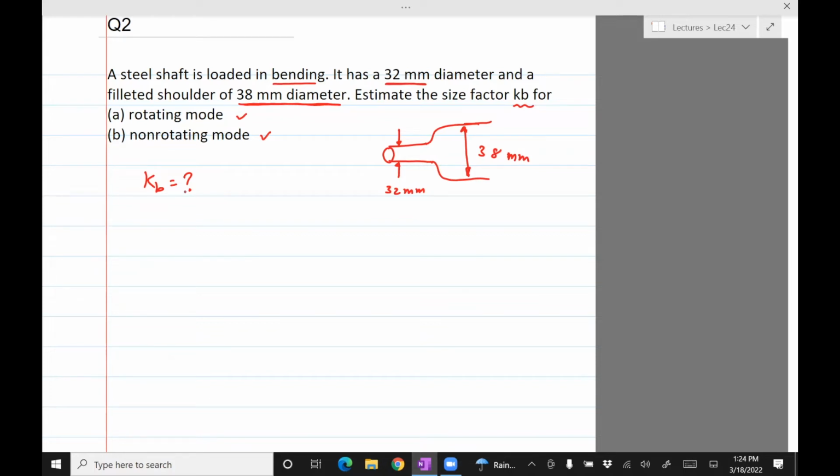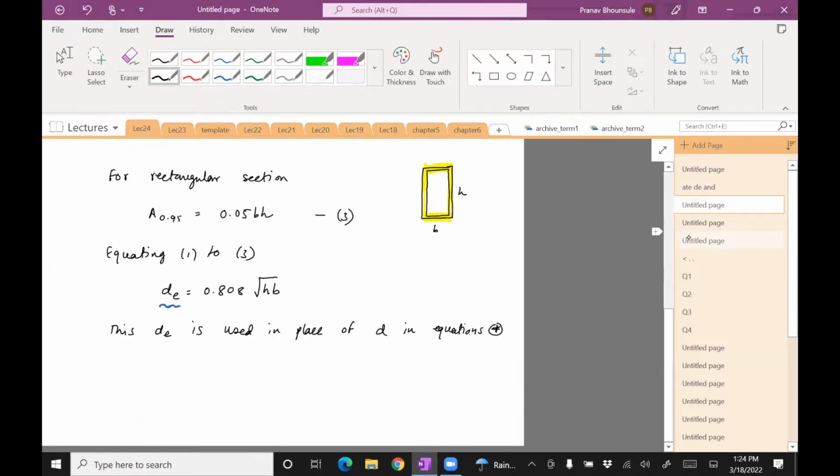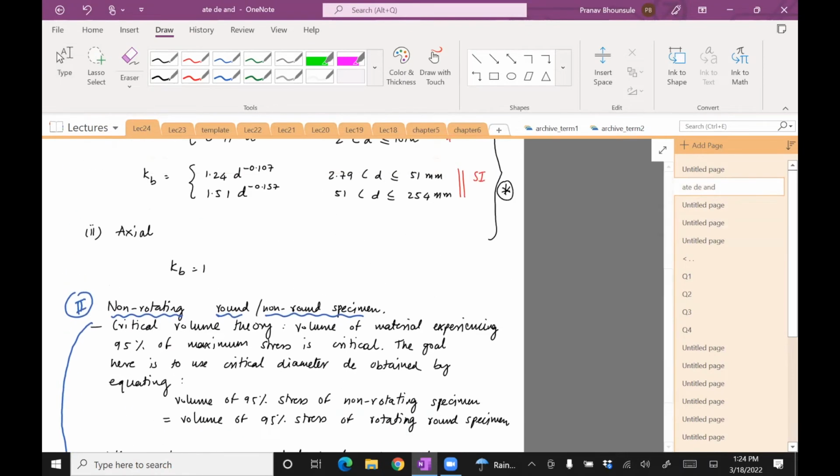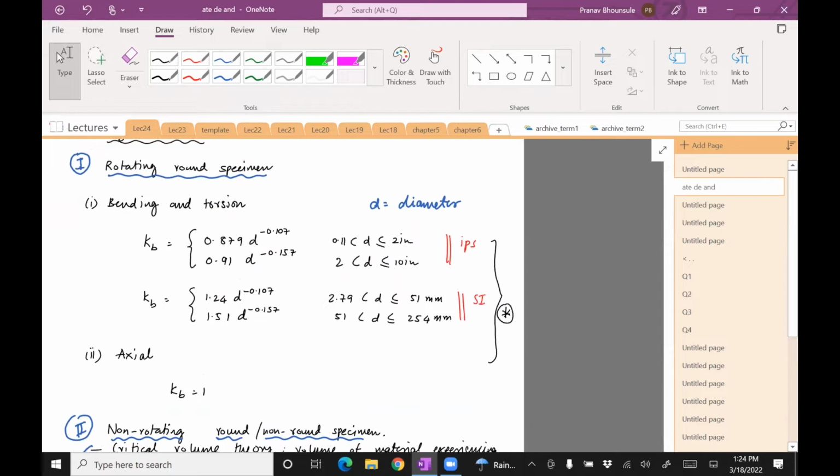Okay, so let's see how to solve this. So the diameter D is 32 mm. Okay, and then go to the table for KB. The first one is in IPS. We don't want that. We want the second one in mm.